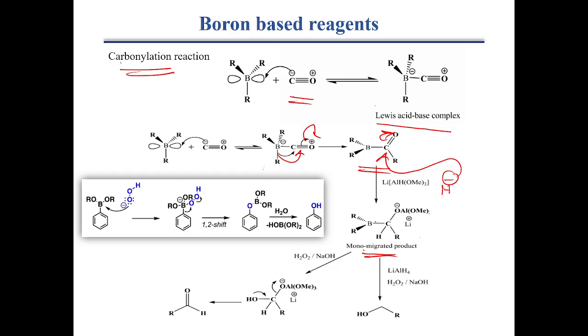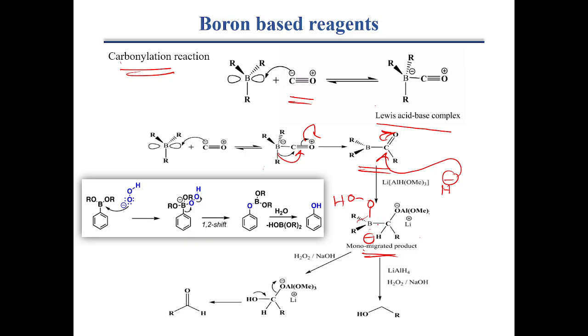Now, what happens in presence of H2O2 NaOH? So, in presence of H2O2, it will react with the boron and form the negative charge here. So, it will form B minus O2.